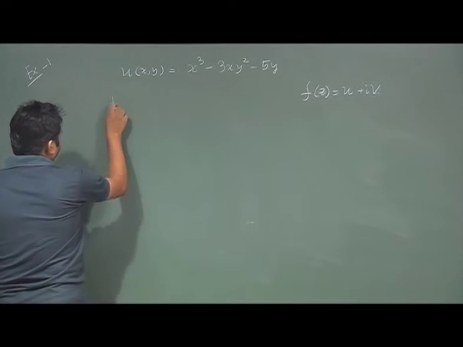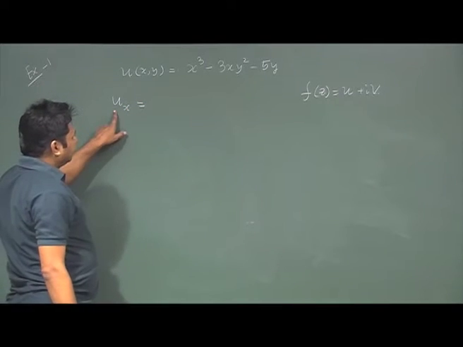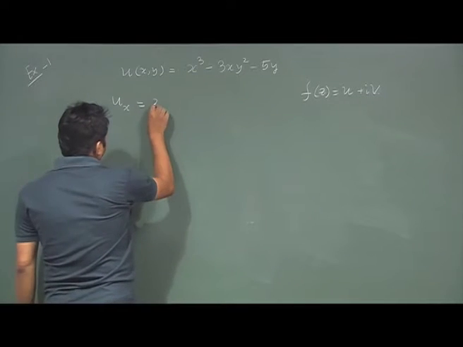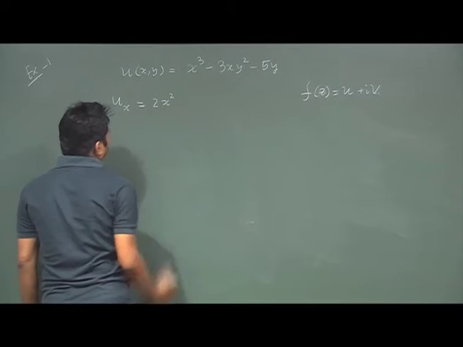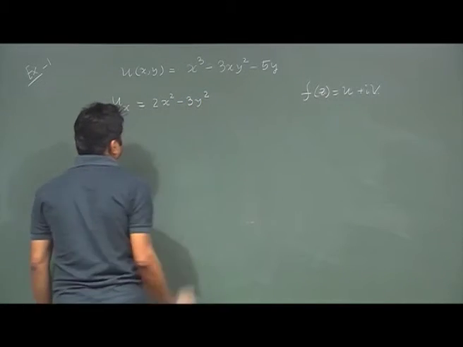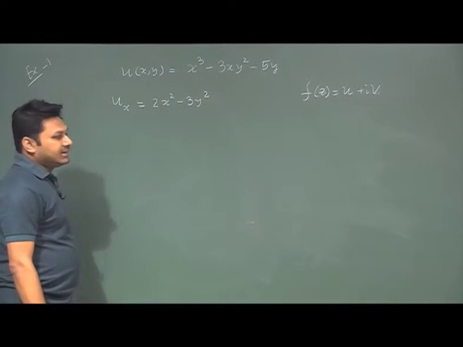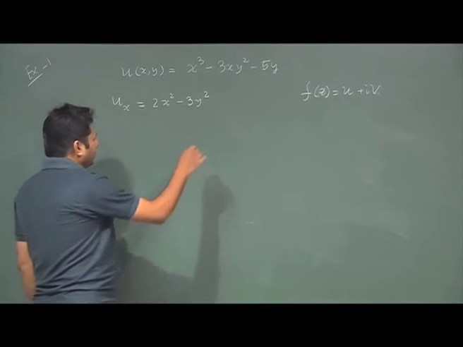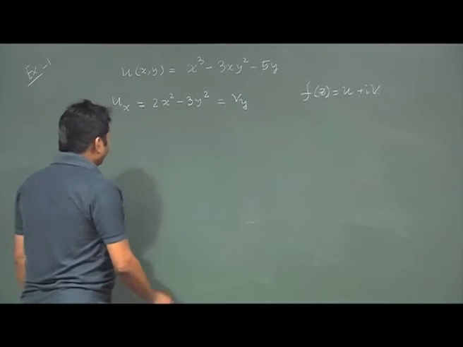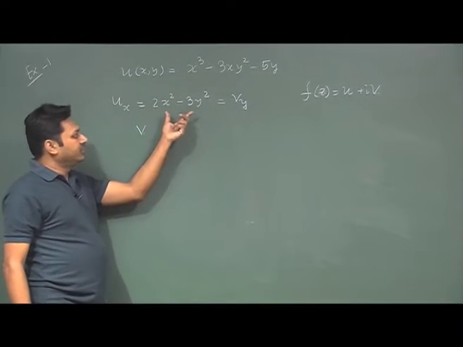So, let me first find out what is your ux. ux is the partial derivative of this quantity. So, that means 2 of x square minus 3y square. Now, this quantity ux, if the function f(z) is analytic, should be equal to vy. Now, if I write v from this equation, vy is the partial derivative with respect to y.